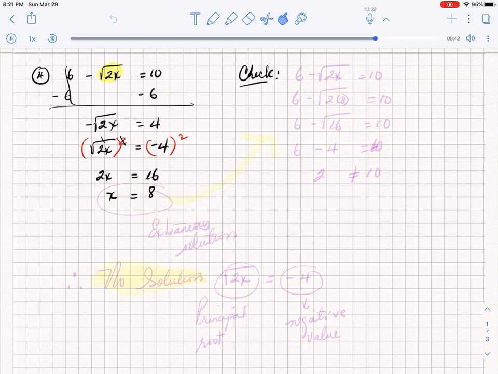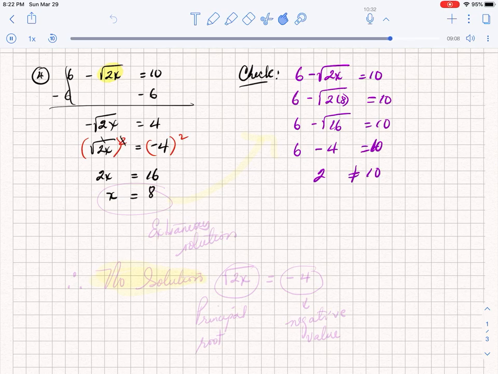Let's check and see. 6 minus square root of 2x equals 10. 6 minus square root of 2 times 8 equals 10. 6 minus square root of 16 equals 10. 6 minus 4 equals positive 10? 2 cannot equal 10.